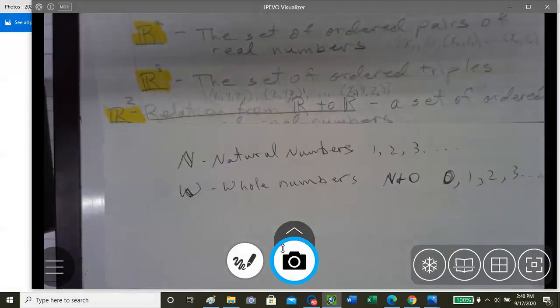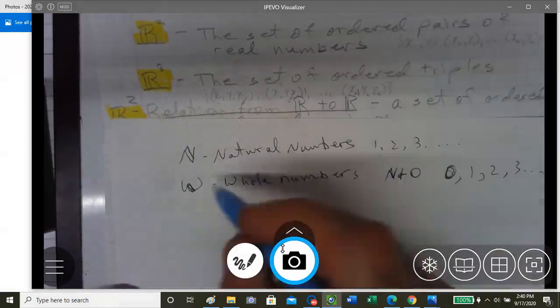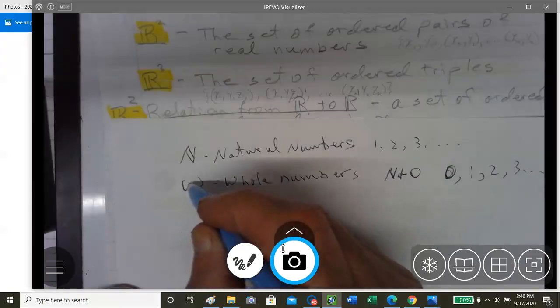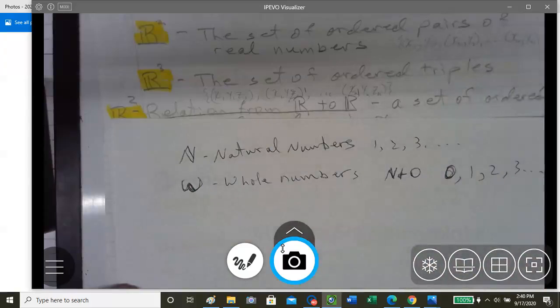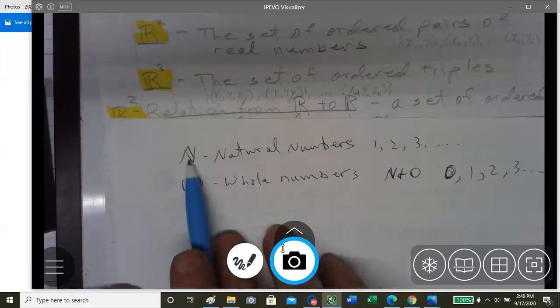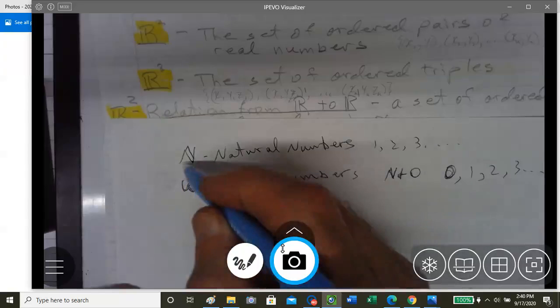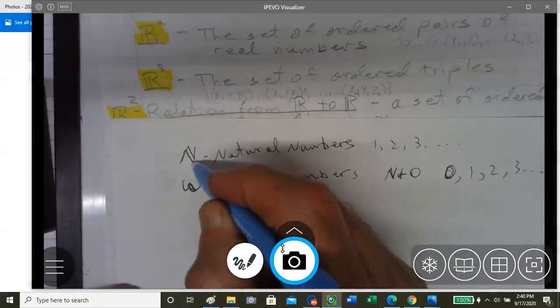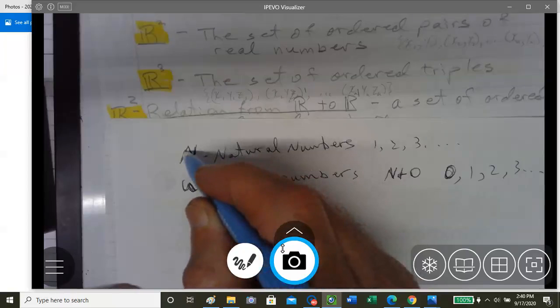That's the only difference between a whole number and a natural number. We use W with a little extra line in there to distinguish the whole number set from just a regular letter W. Same thing here: this symbolizes the natural number set, which distinguishes it from just any N.